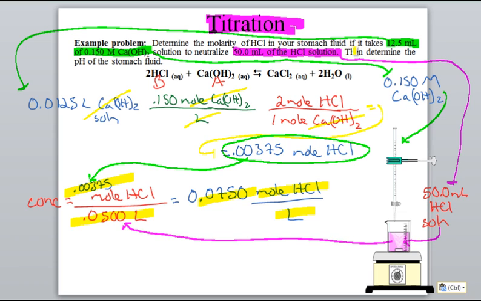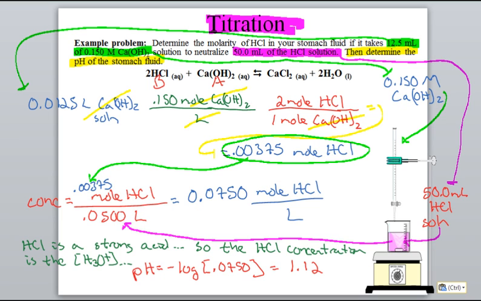Okay, lastly, determine the pH of the stomach fluid. Go ahead and pause the video and give it a try. Hopefully you get a pH that says it's acidic. Unpause the video when you're ready to check your answer. So what do we know about HCl? It's a strong acid, and the concentration of the strong acid is really the hydronium ion concentration.